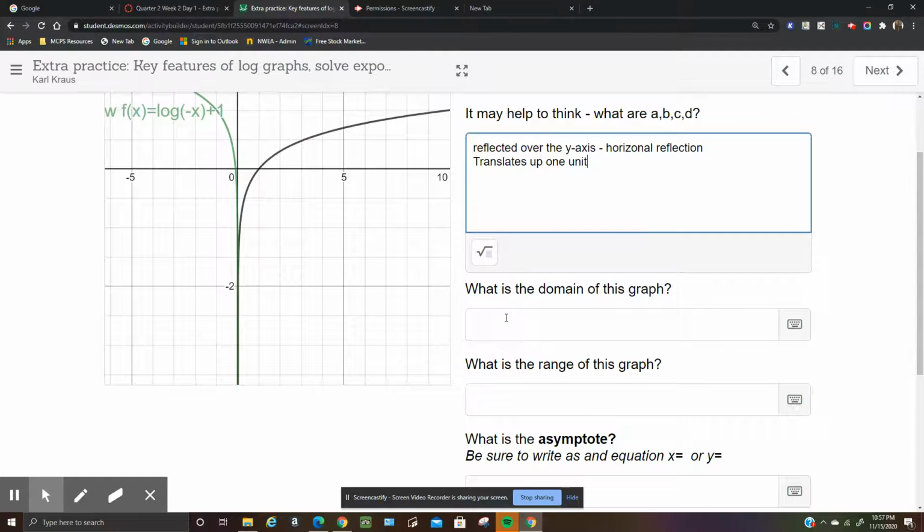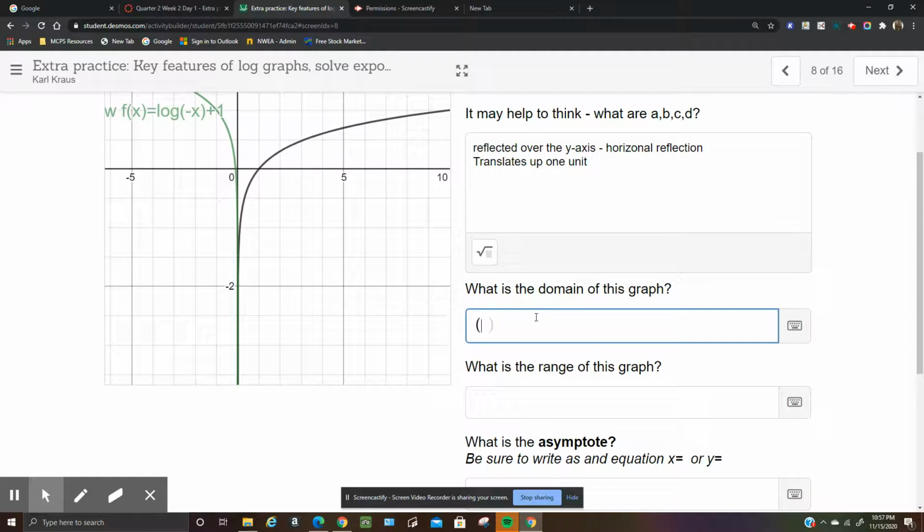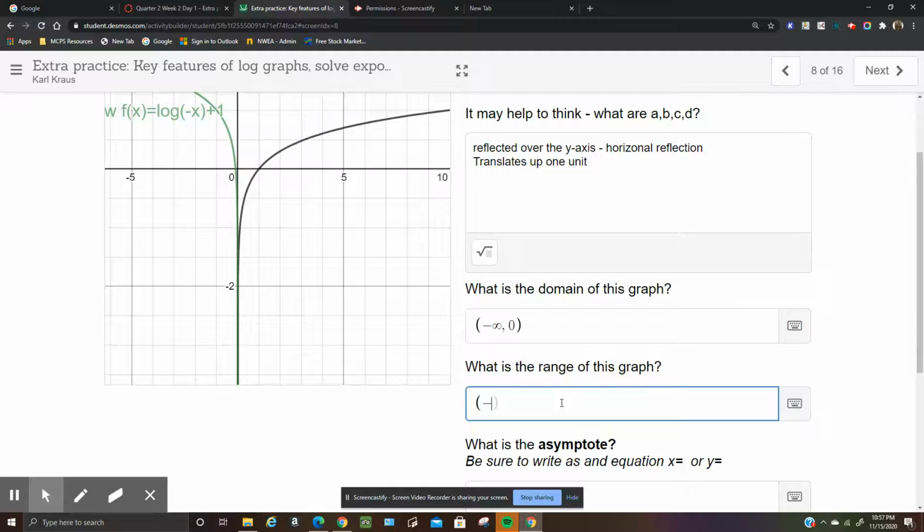The domain of the green graph is negative infinity to 0. And the range is always all real numbers for logs.